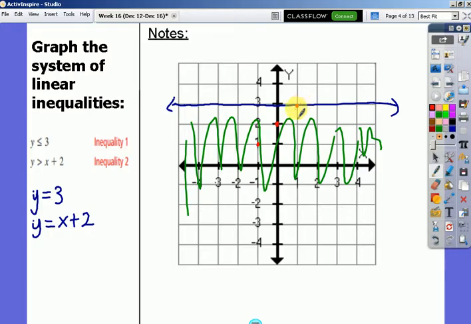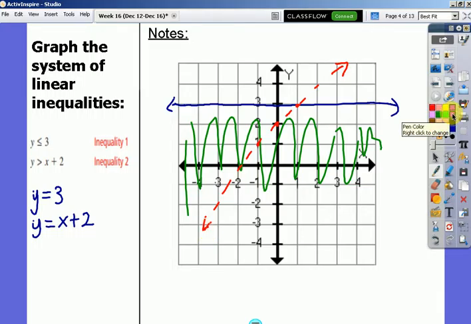This is going to be a dotted line, so I'm going to get my dots. I'm going to shade this.